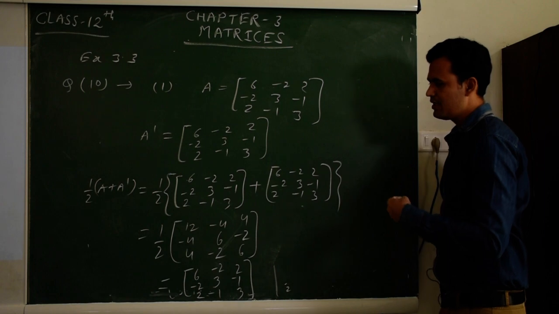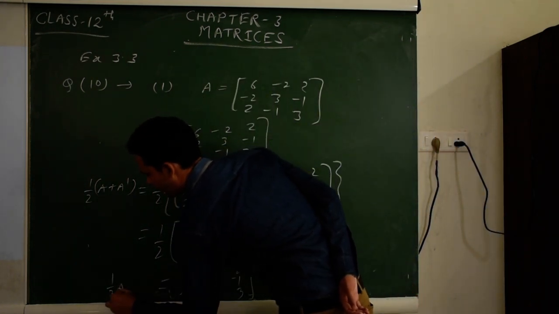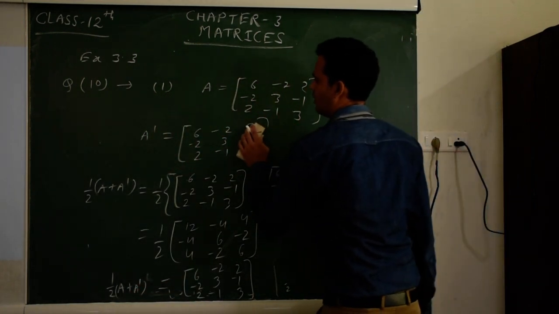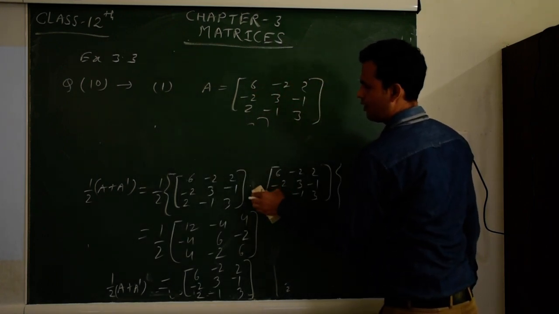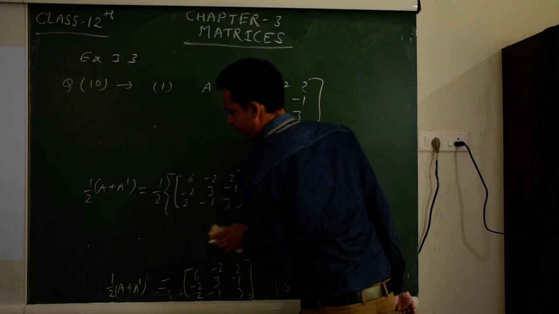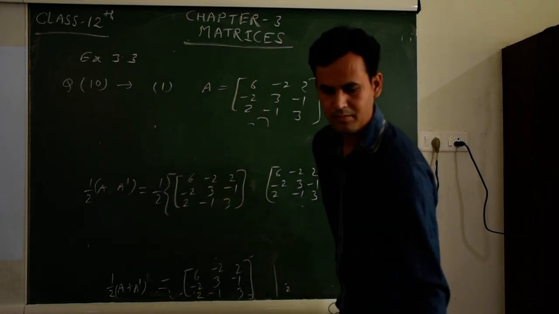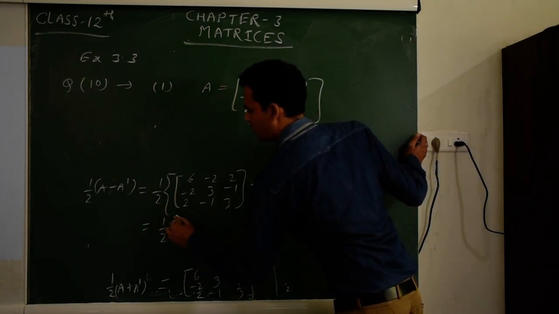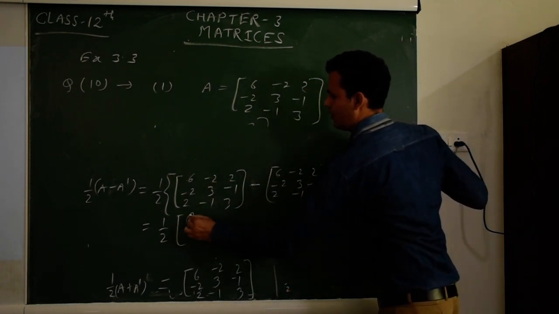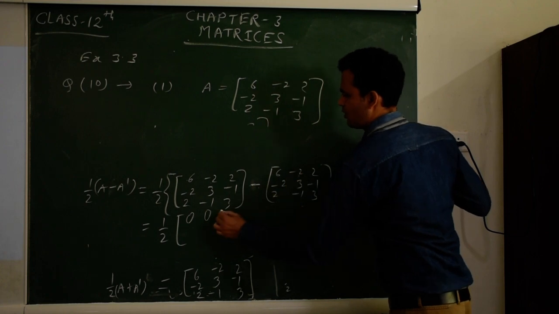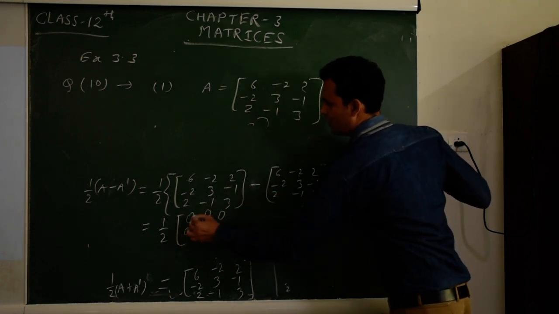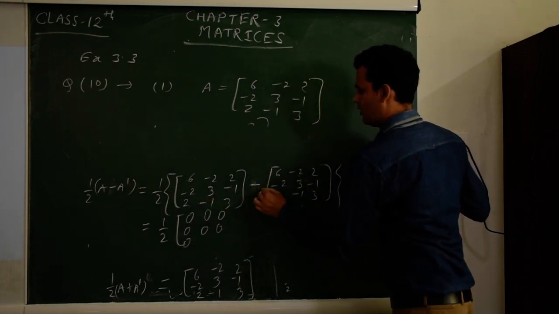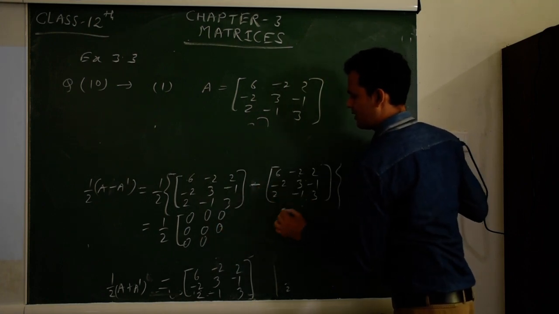Similarly, we find A minus A dash. Now we find A minus A dash, so 1 by 2 of: 6 minus 6 is 0, -2 plus 2 is 0, 2 minus 2 is 0, -2 plus 2 is 0, 3 minus 3 is 0, -1 plus 1 is 0, 2 minus 2 is 0, -1 plus 1 is 0, and 3 minus 3 is 0.